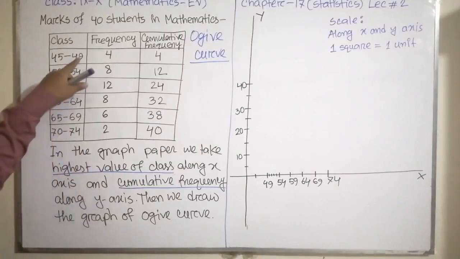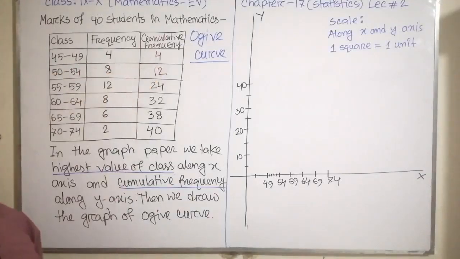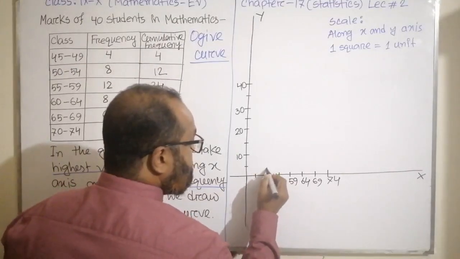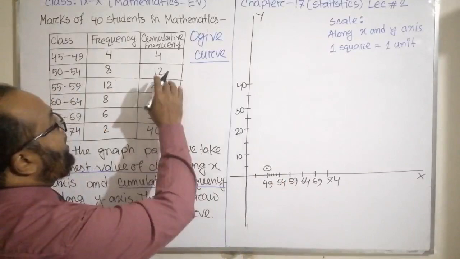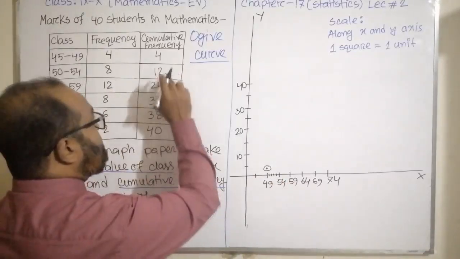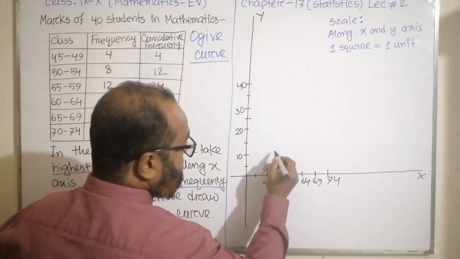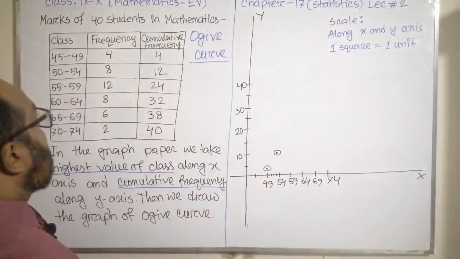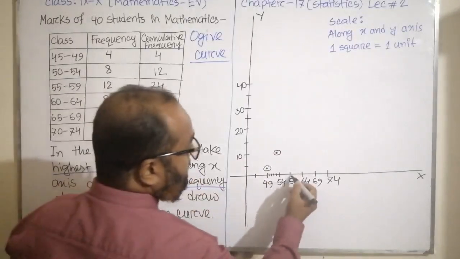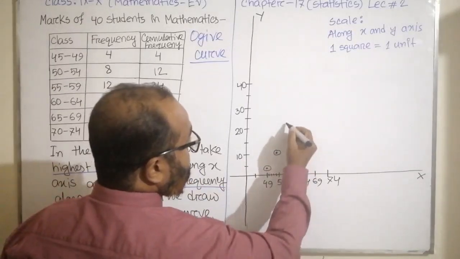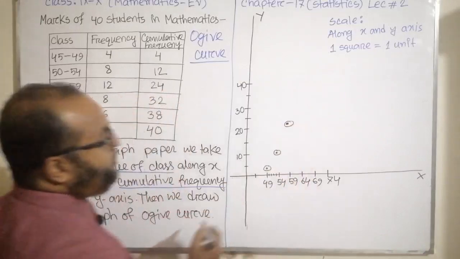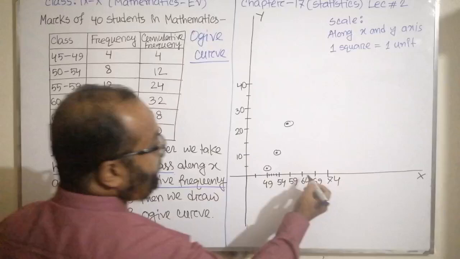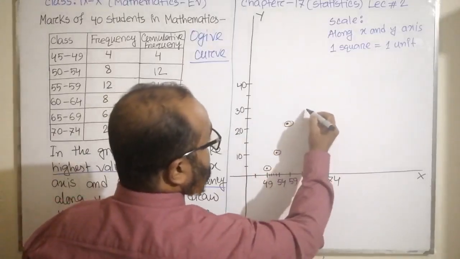Okay, for 49 the cumulative frequency is 4. Let us consider this is 4, and for 54 this is 12. Consider this is 12 and then 24. At 59 this is 24. And then for 64 this is 32.